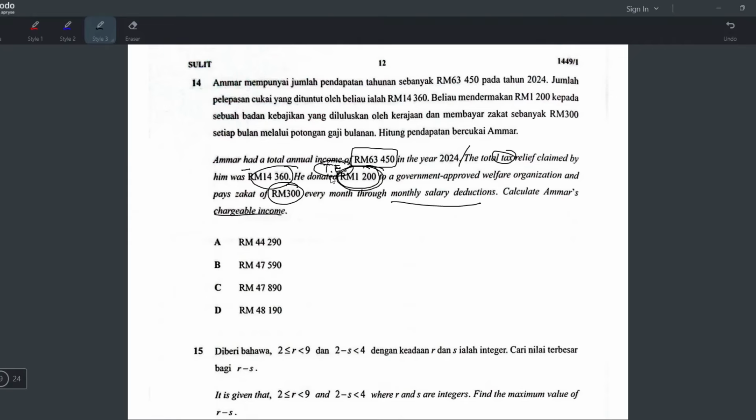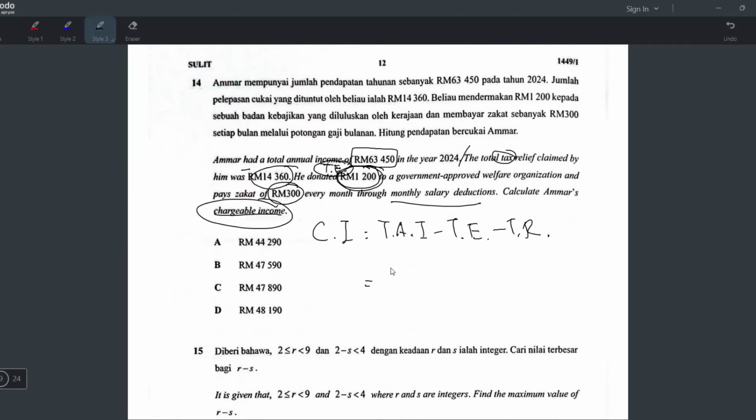Like 99% of tax questions have a donation. So donation is always the tax exemption. Okay, it wants to find chargeable income, not tax. Only chargeable income. The formula for chargeable income is the total annual income minus tax exemption and minus tax relief. That's all.